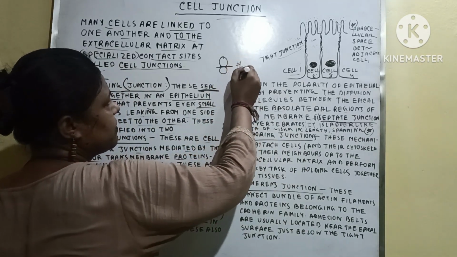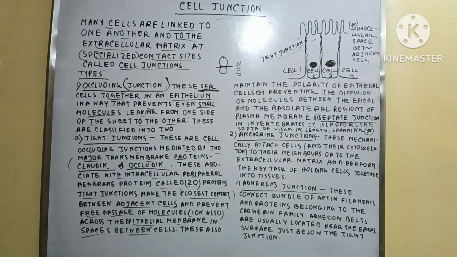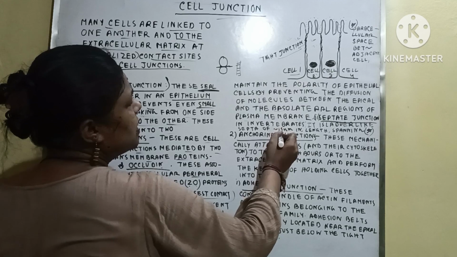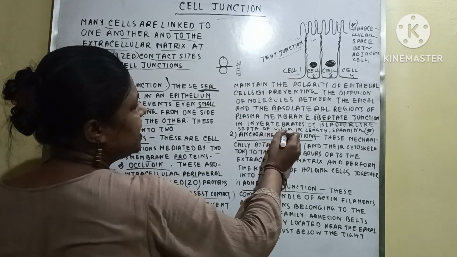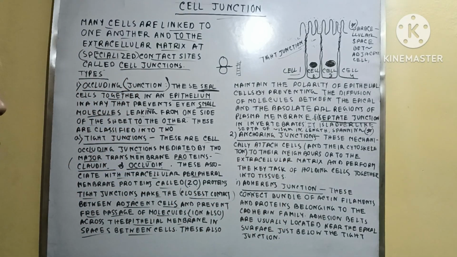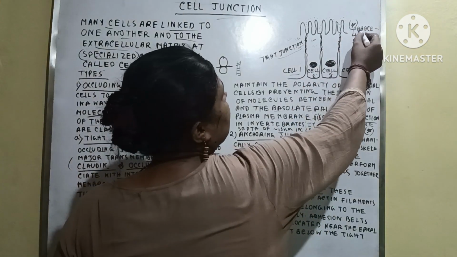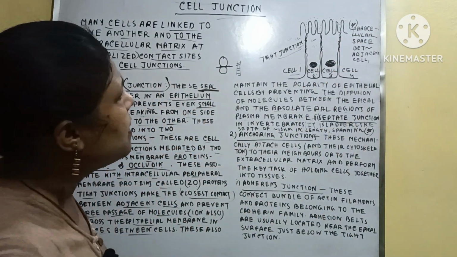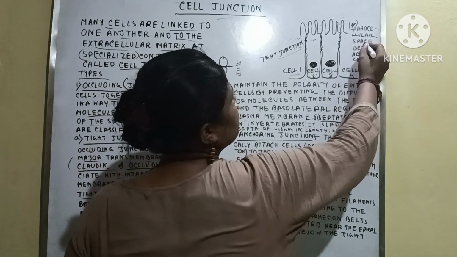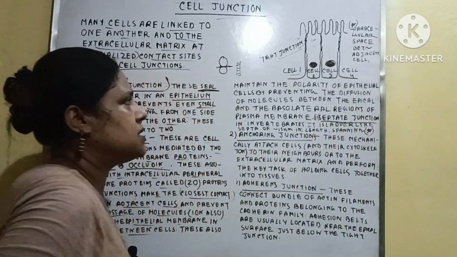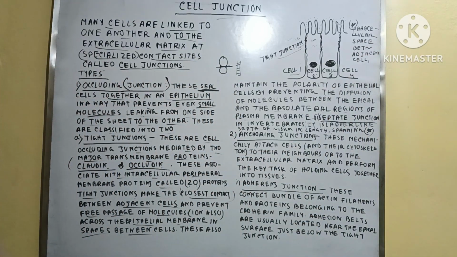The septa are approximately 15 nanometers in length, spanning the paracellular space between the adjacent cells. Clear? So these are the two: the tight junctions and the septate junction.